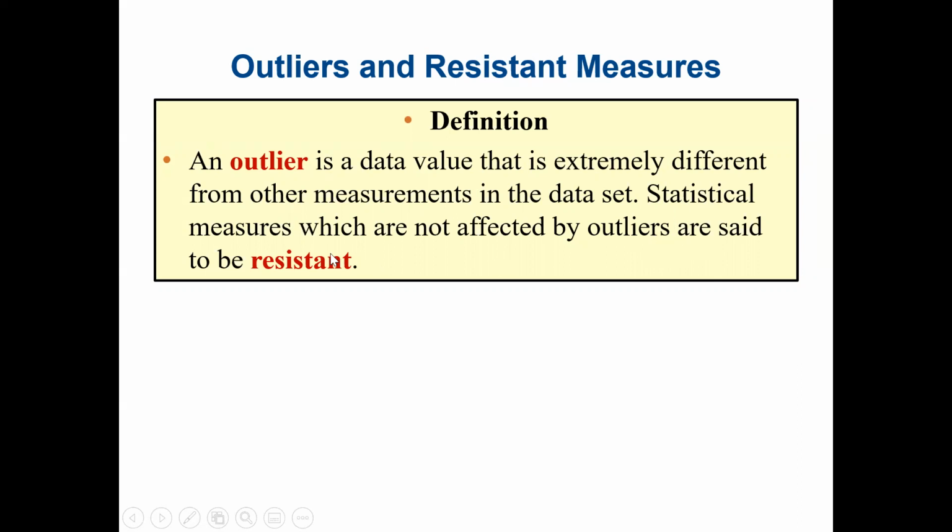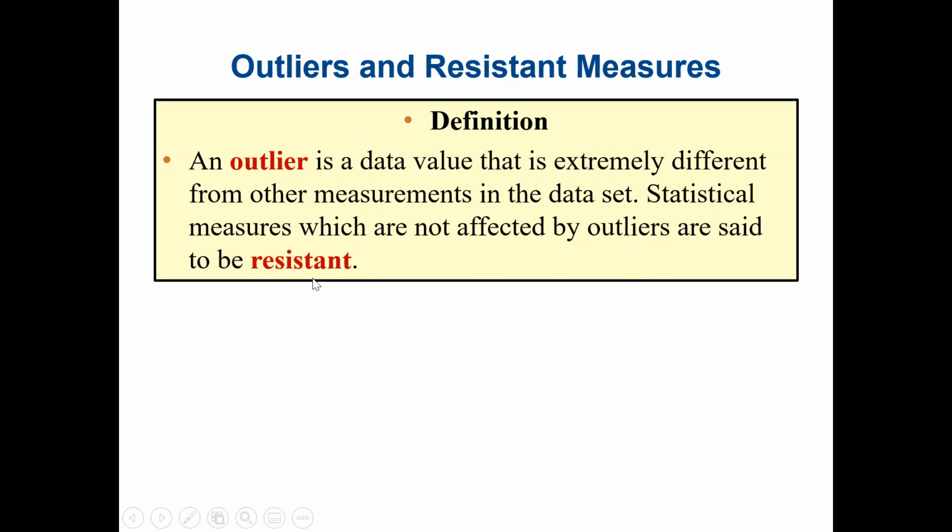A statistic that is not affected by outliers is said to be resistant. This is why we have the advantages and disadvantages of the mean and median. The median is normally not affected by outliers, so we can say it's a resistant measure.